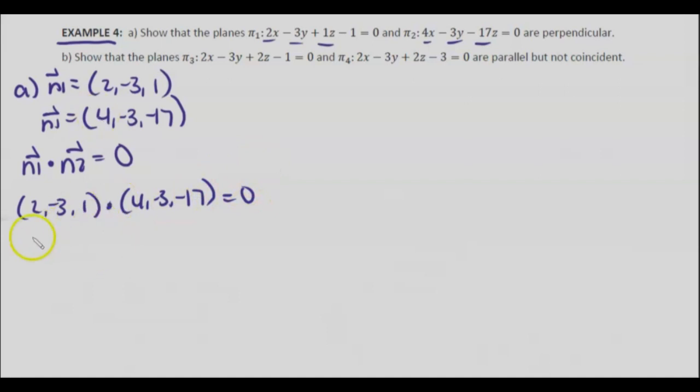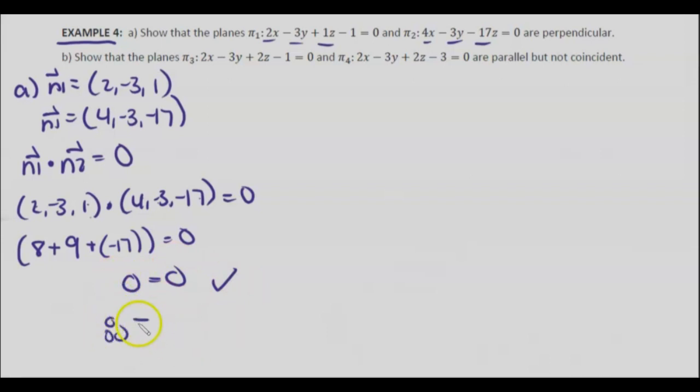So 2 times 4 is 8, plus negative 3 times negative 3 is 9, plus 1 times negative 17 is negative 17. Okay, 0 equals 0. Therefore, plane 1 is perpendicular to plane 2.